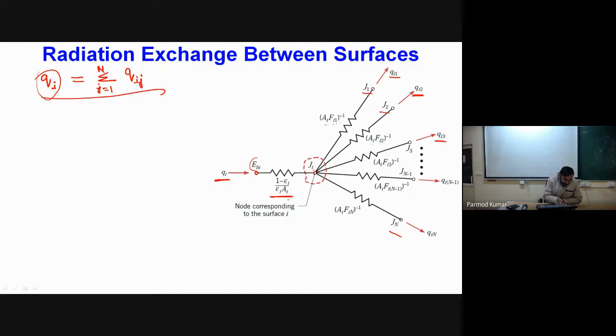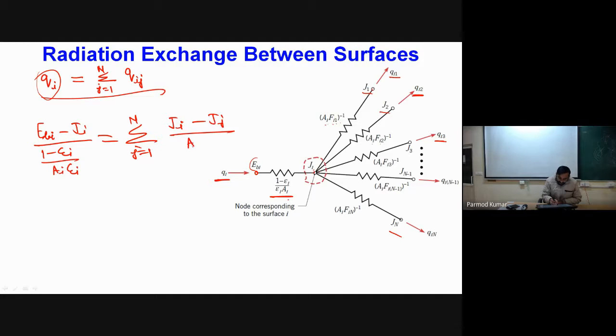Okay, and we know that this Qi we can write from this resistance analogy also as nothing but Ebi minus Ji upon (1 minus epsilon i) upon (Ai epsilon i), and this right hand side, just now we have seen, we can write summation j varies from 1 to n, and in place of Qij I can write Ji minus Jj divided by Ai into Fij inverse.